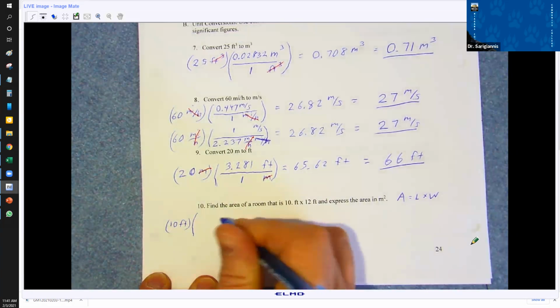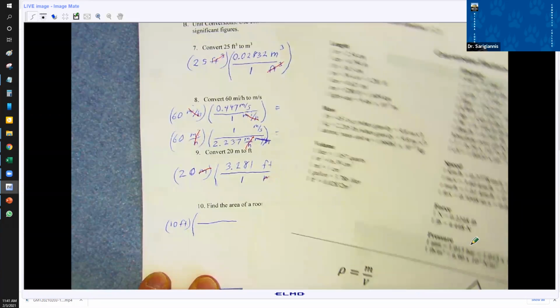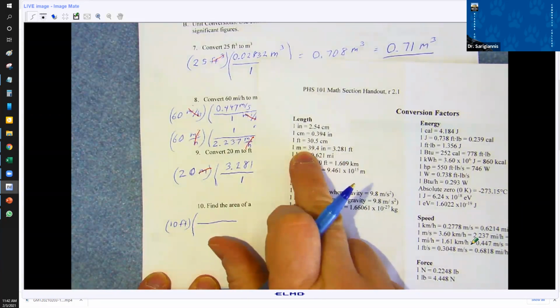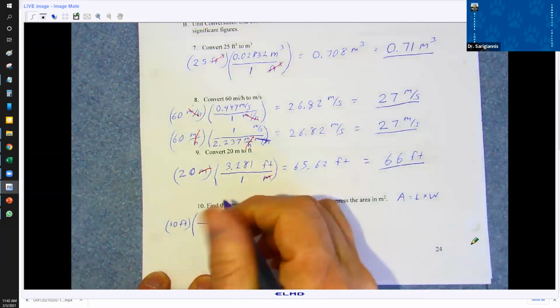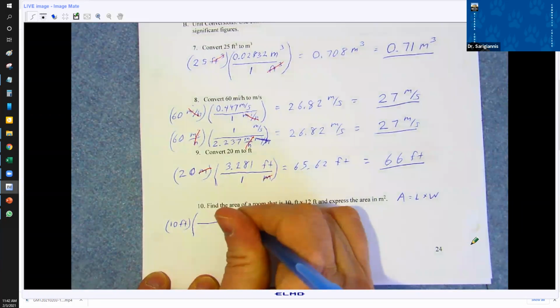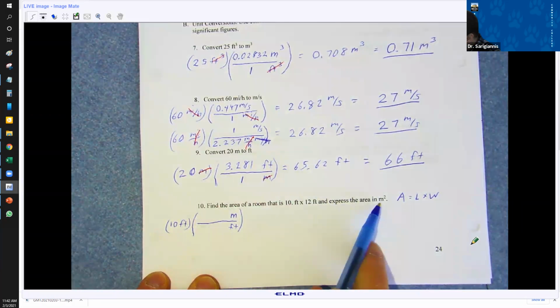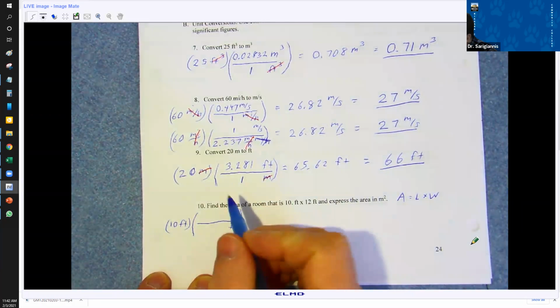And my conversion for that is going to be, I'm going to use the meters to foot. 1 meter is 3.281 feet. So I want meters and I have feet. Now notice, I want the area in meters squared. We're going to get that when we multiply meter times meter. But right now I'm just converting the lengths.